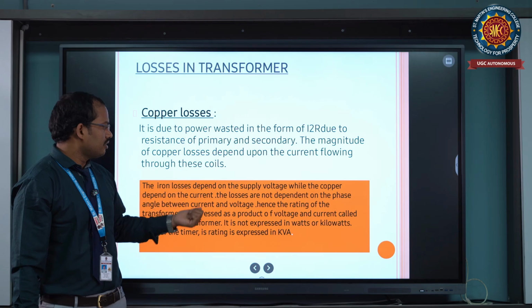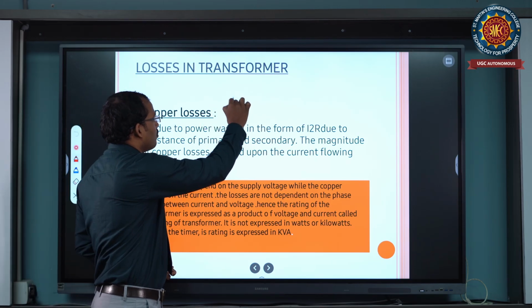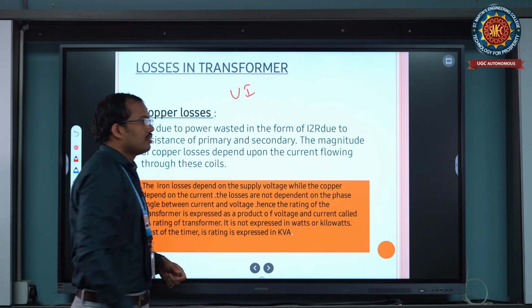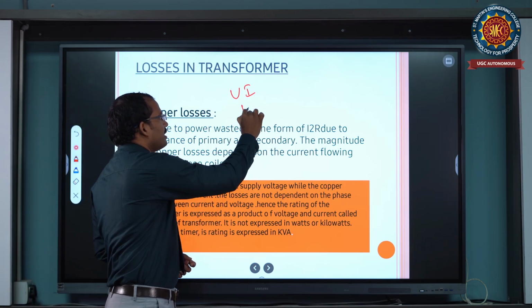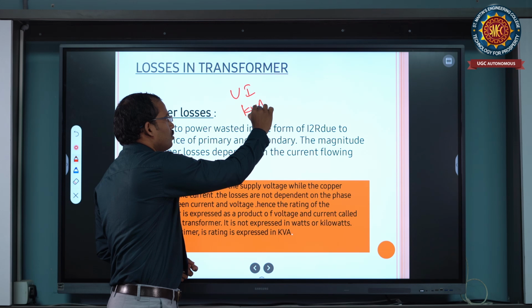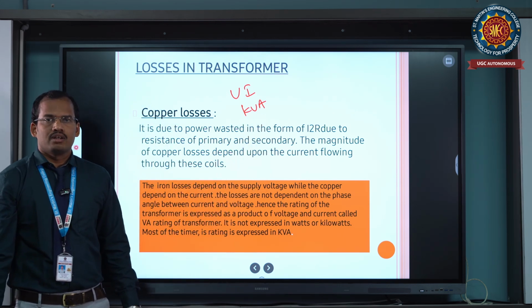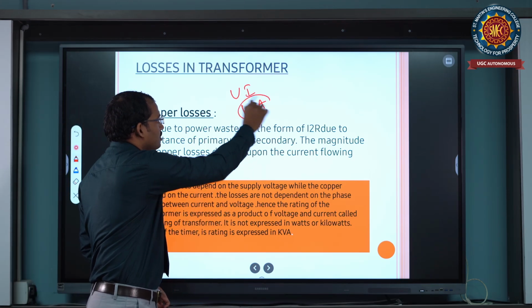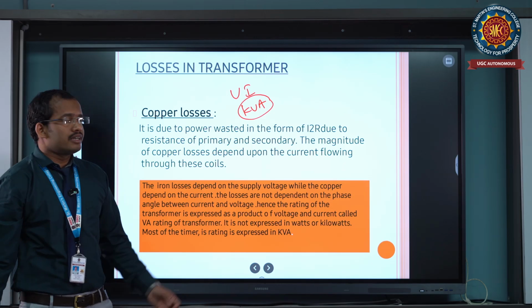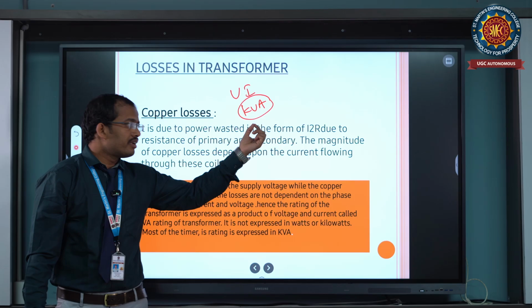Basically, the transformer rating is a combination of voltage and current, and the rating is in kilovolt ampere, kVA. For example 33 kVA, 66 kVA, 132 kVA, 220 kVA.